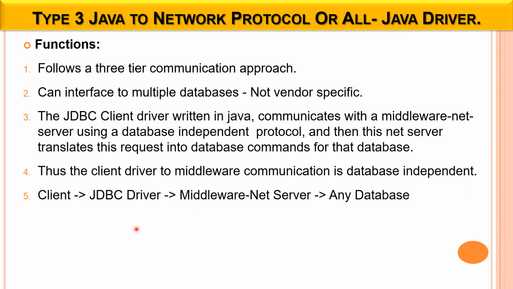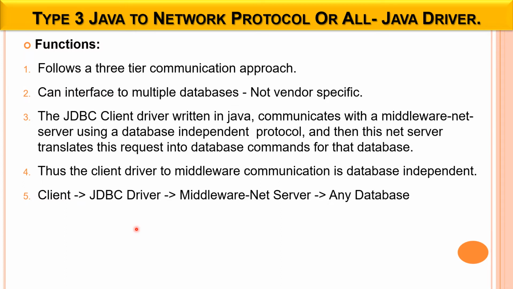So the JDBC client driver, written in Java, communicates with the middleware net server using a database independent protocol, and then this net server translates all the requests into database commands for that database.